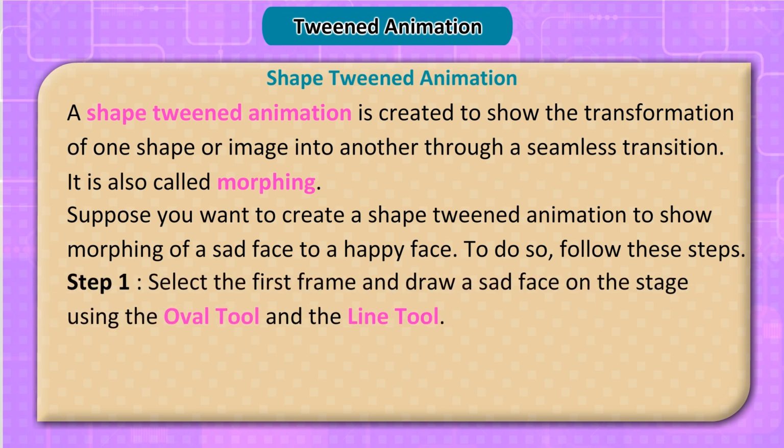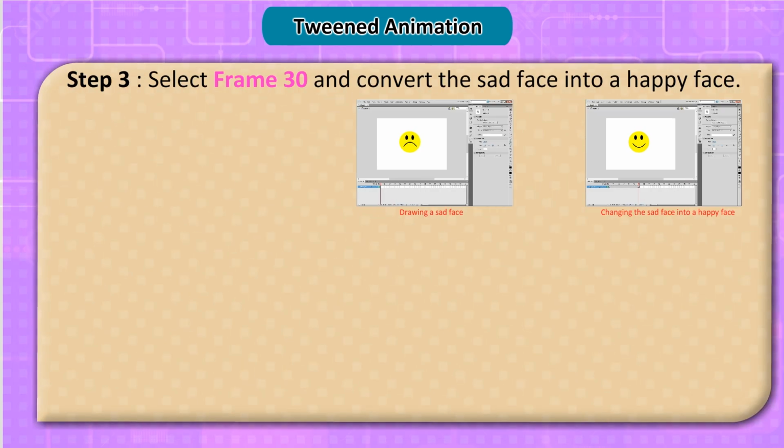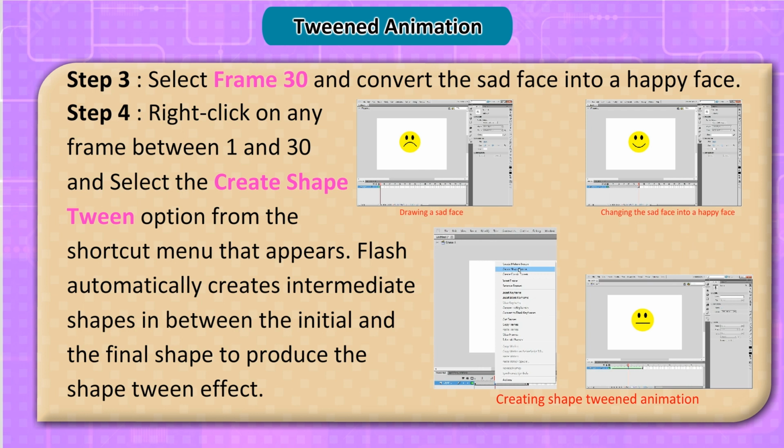Step 1. Select the first frame and draw a sad face on the stage using the oval tool and the line tool. Step 2. Click on frame 30 in the timeline and press the F6 key to insert a keyframe. Step 3. Select frame 30 and convert the sad face into a happy face. Step 4.